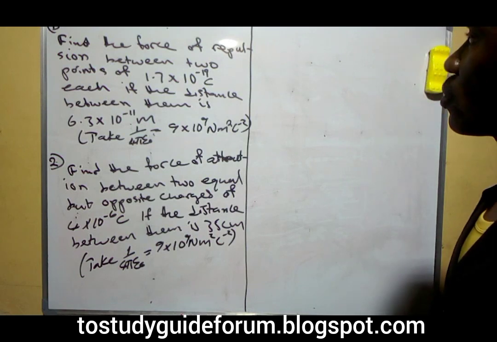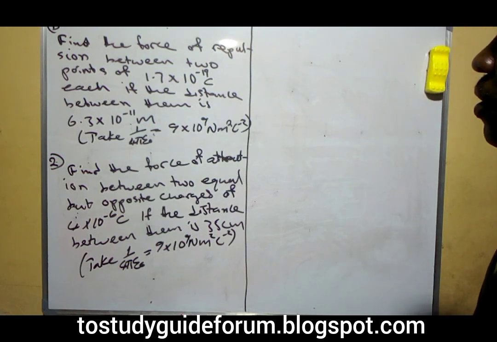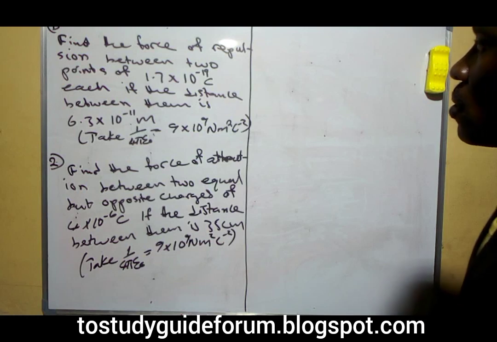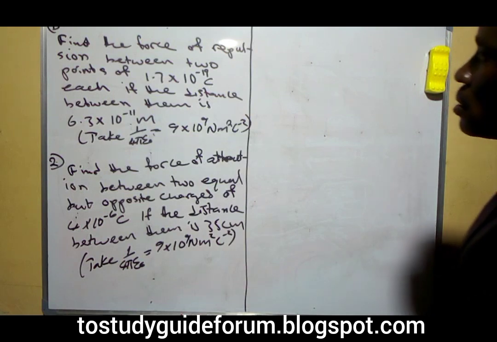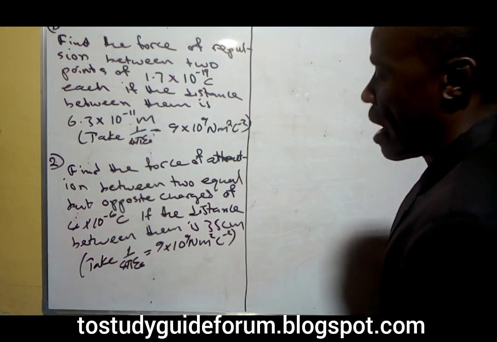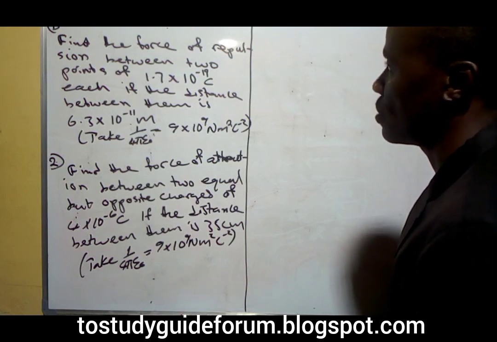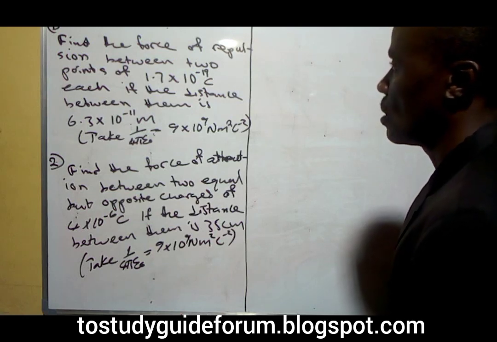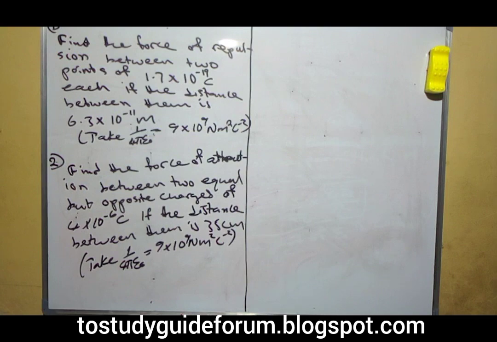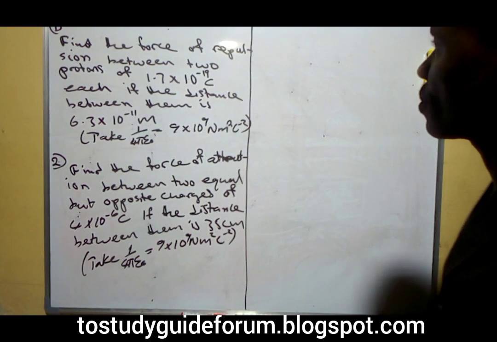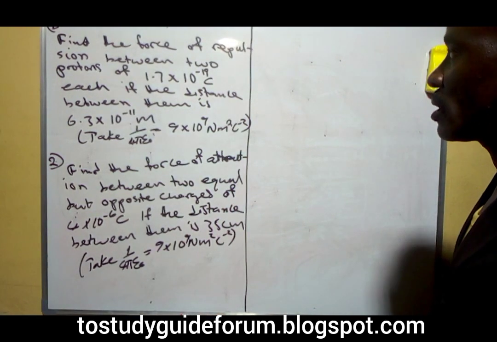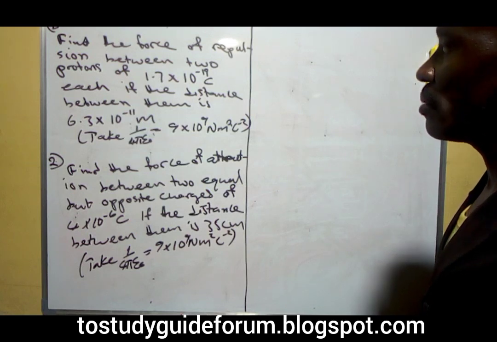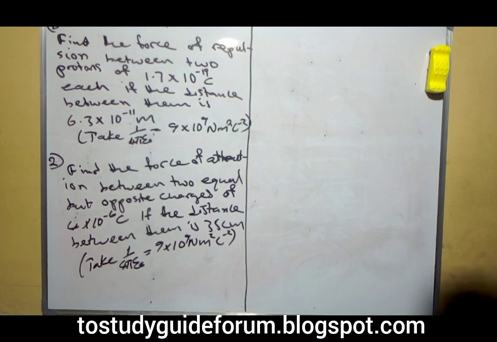The first one says, find the force of repulsion between two protons of 1.7 times 10 raised to the power minus 19 coulomb each, if the distance between them is 6.3 times 10 raised to the power minus 11 meter.